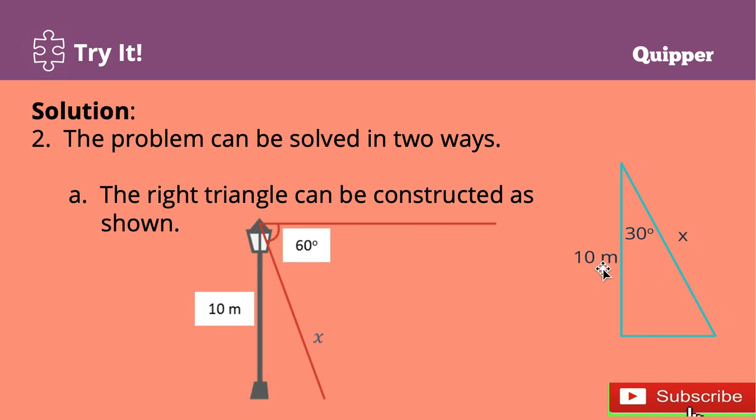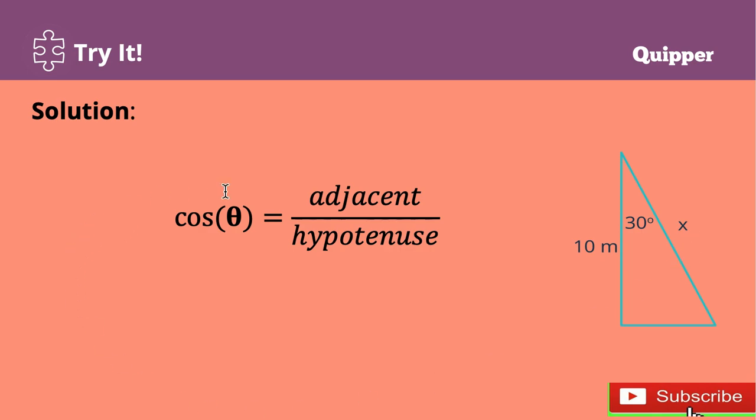So we have the adjacent side and the hypotenuse, which is the cosine. We are looking for the measurement of the light beam, so we are going to use the cosine ratio. The cosine ratio involves the adjacent side and the hypotenuse.